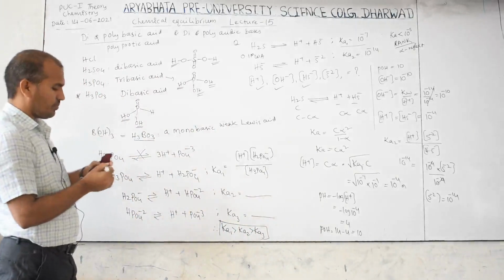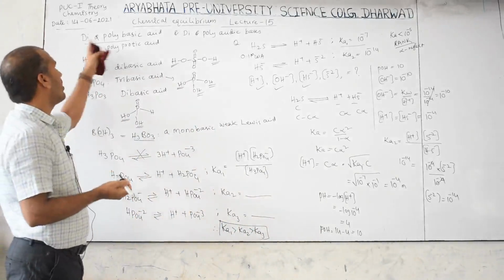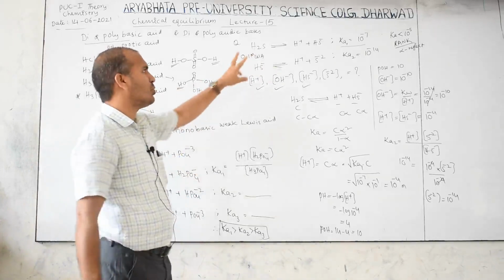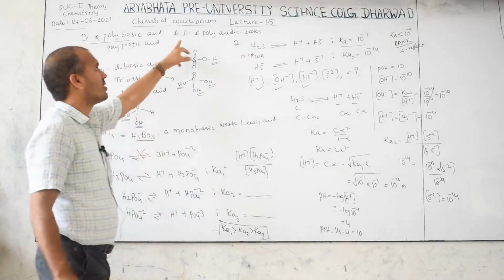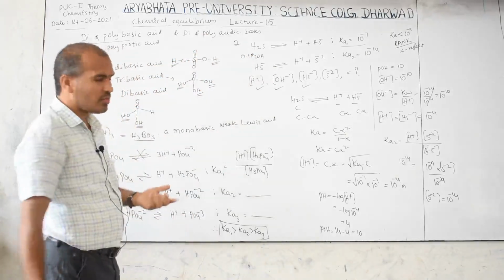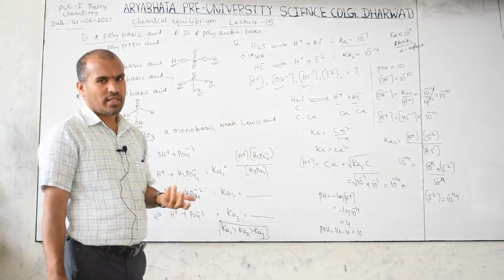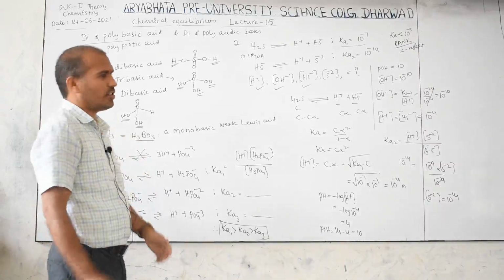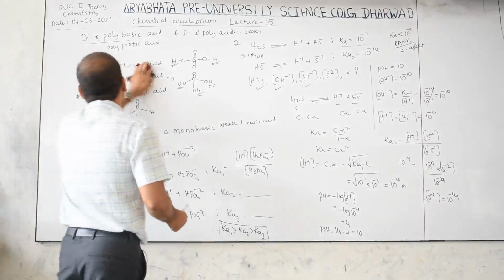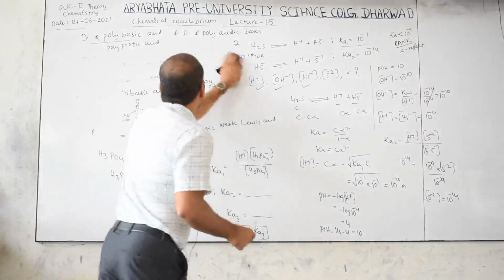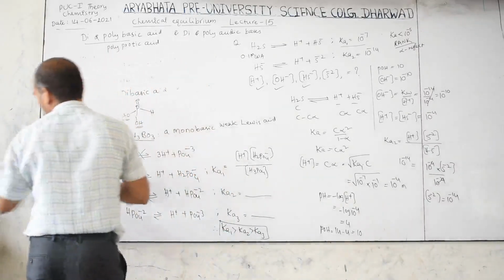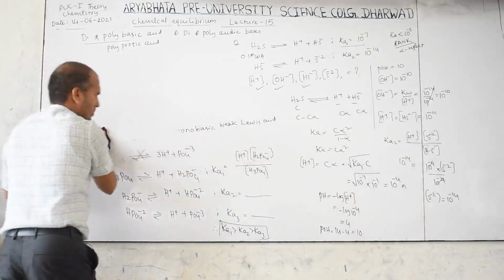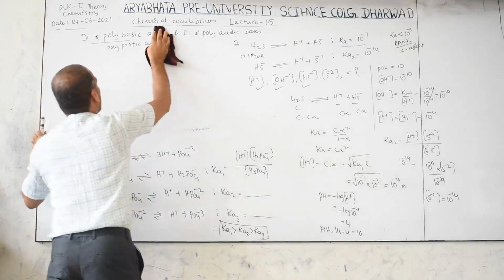So this is about the dibasic or diprotic acid, where two protons are dissociated. Now I will discuss di and polyacidic bases. Generally for a base we have acidity, for an acid we have basicity. You learned acidity and basicity in the first chapter, in normality. So this part is completed.